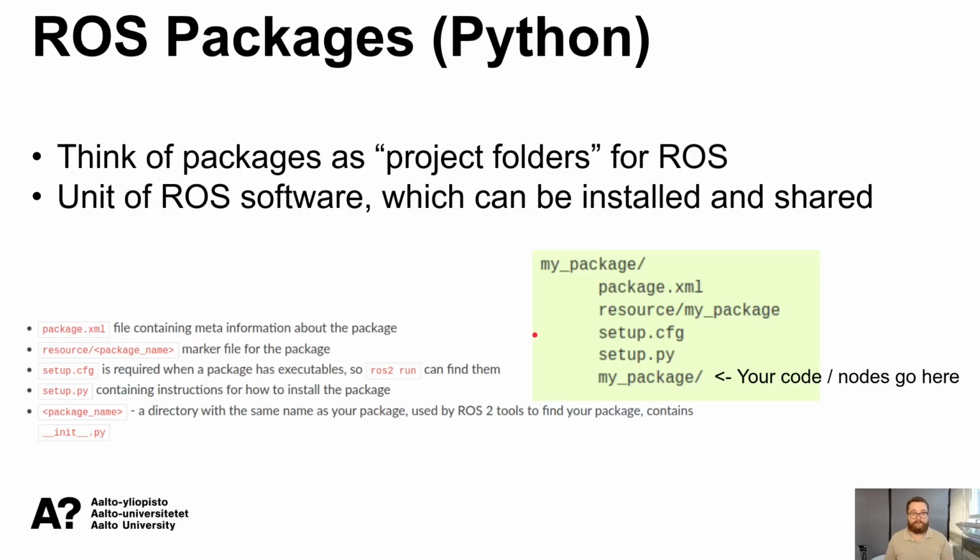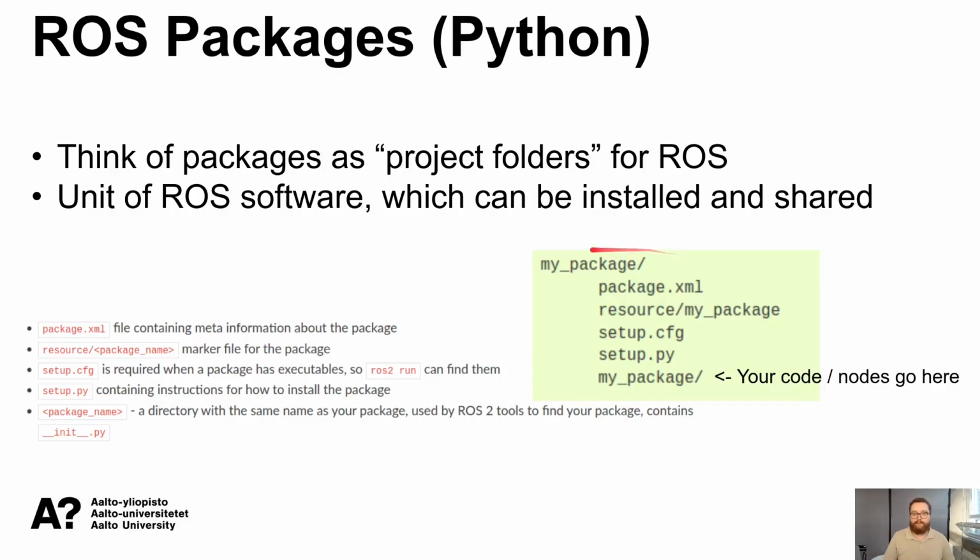As already said earlier in this video, think of packages as project folders for ROS. They are single units of ROS software which can be installed or shared. Generally, your package looks something like this. This is something that you put in the source folder.